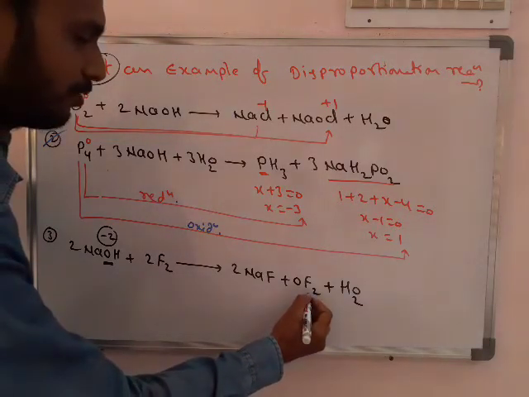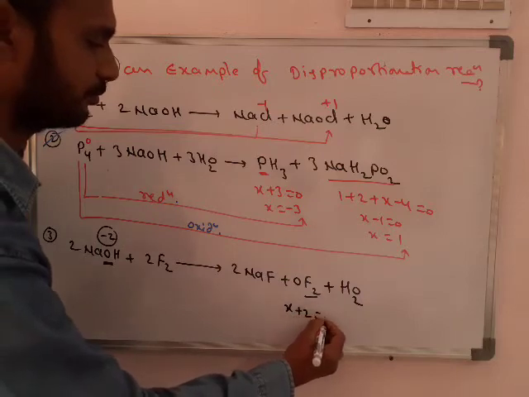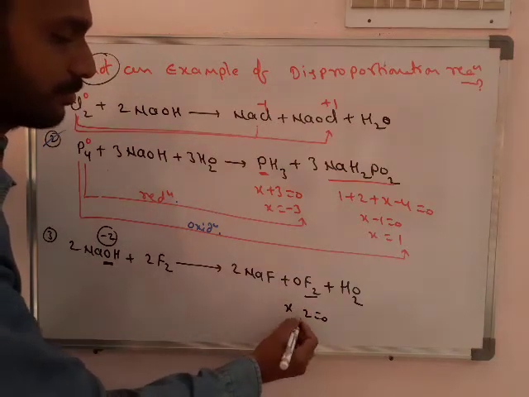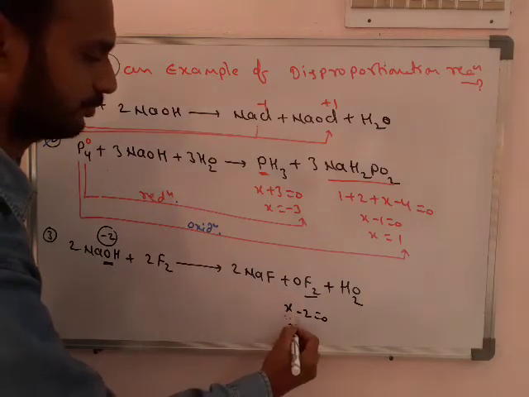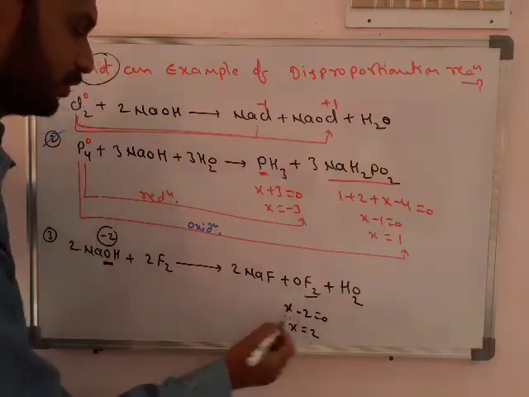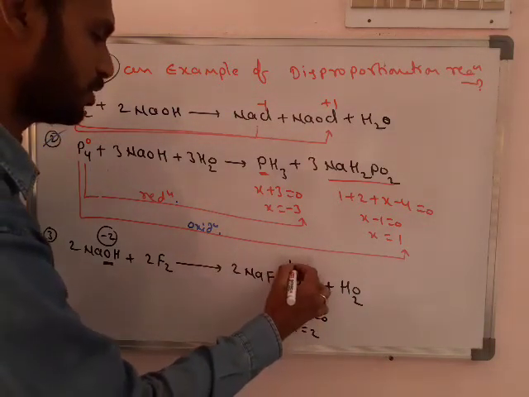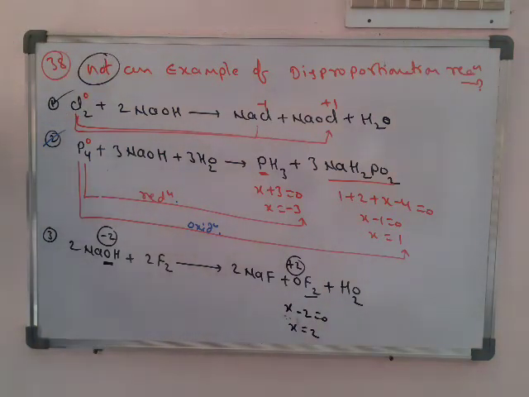But here fluorine is always, sorry, fluorine always minus 1. So here x equals 2. So oxygen oxidation number goes from minus 2 to plus 2, which means it is oxidized.